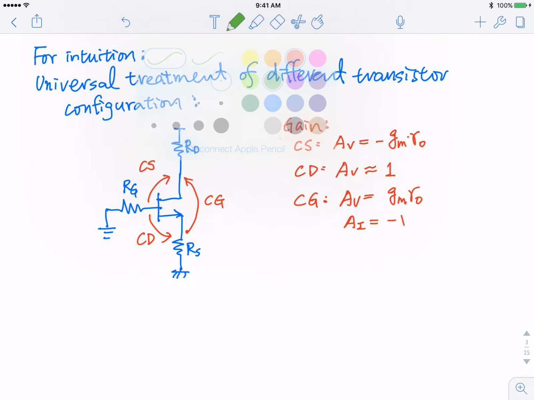Now, an even more useful way is to look at the input impedances. Here we don't distinguish input and output. There are 3 terminals, so any one of them could be used as input, or any one of them could be used as output. If I look at the gate, I would temporarily cut here and look into the impedance.